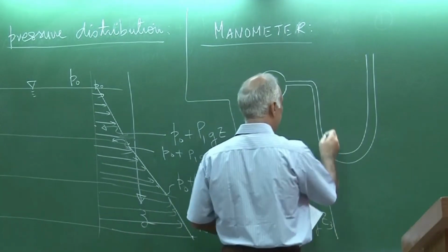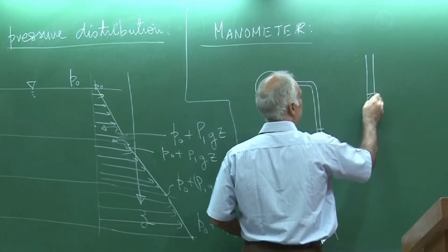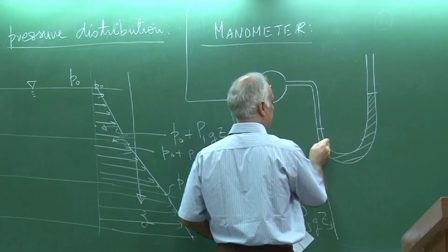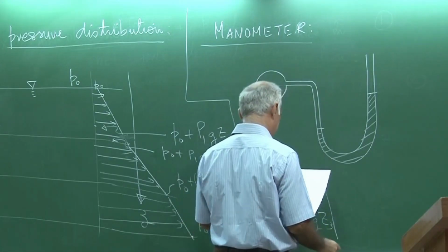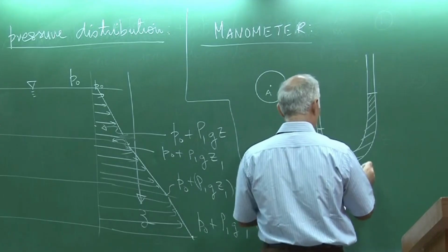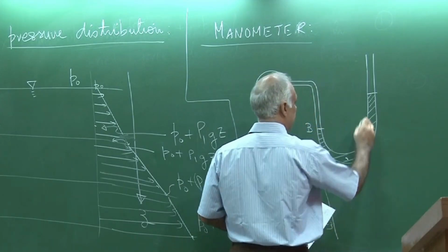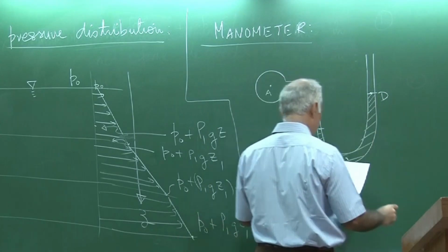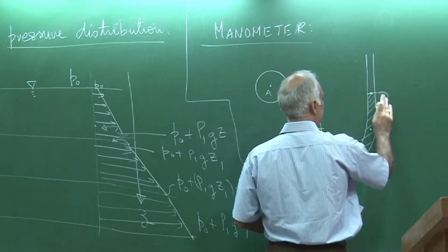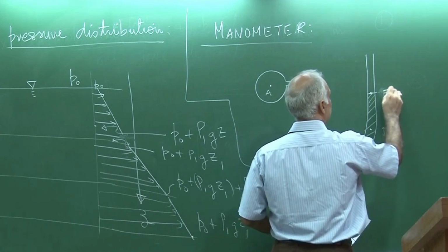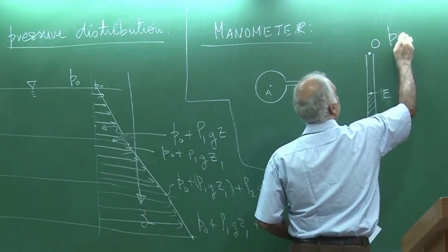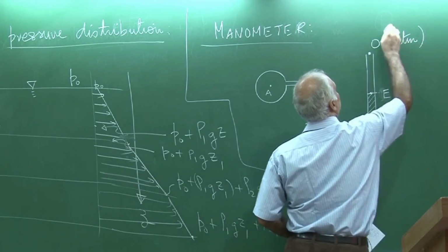And this has a certain fluid in it. So, I am going to call this as point B, this one as point C, this as point D, and maybe this as point D, this as point E, and this as point O, which is open to the atmosphere.